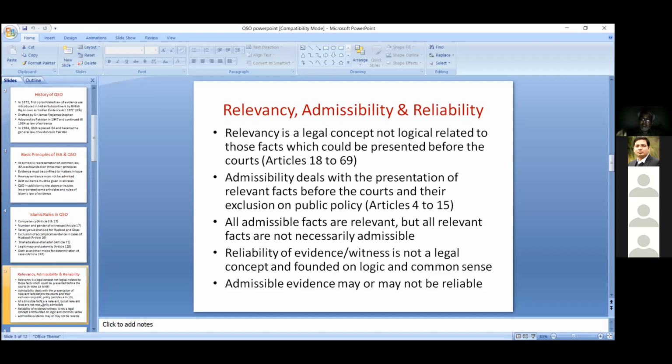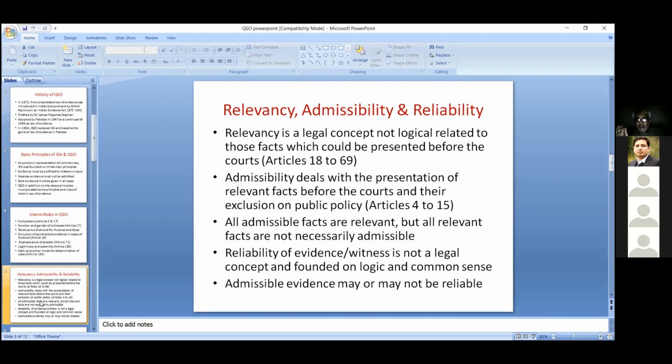There are provisions in which 5, 7, 6 kinds of evidence are specifically mentioned. These provisions are 51. The majority of evidence which we deal with in courts nowadays is relevant on the basis of those provisions, Article 18 to 69.